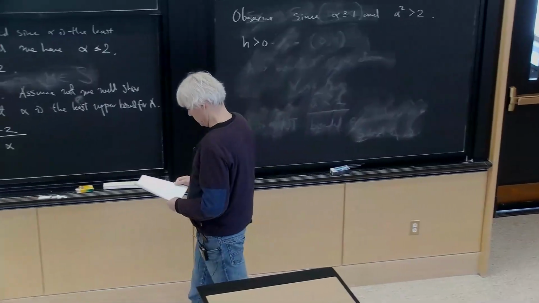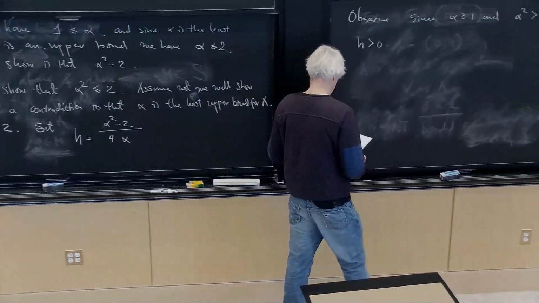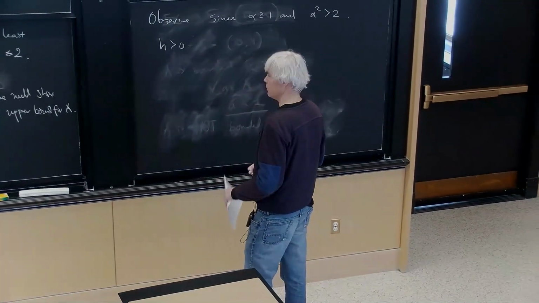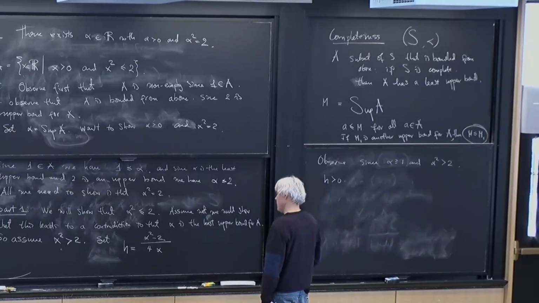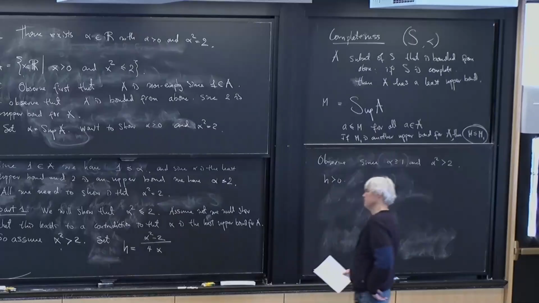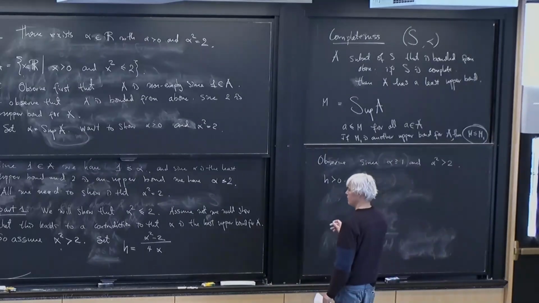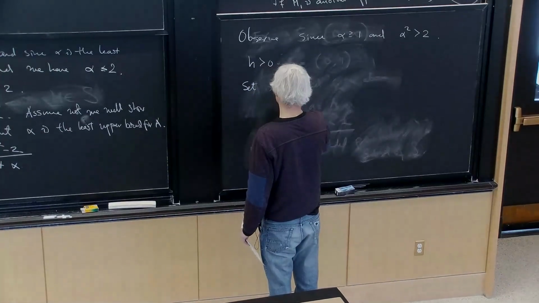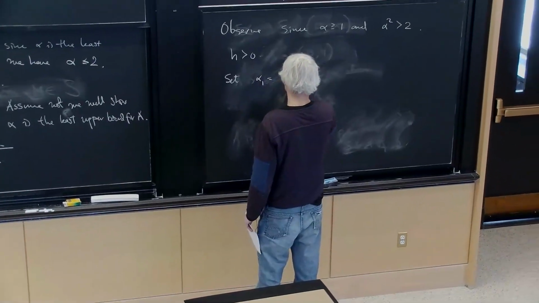You also have automatically that h is, maybe we don't need that. Let's see if we need that. Okay, so now you set alpha 1 equal to alpha minus h.